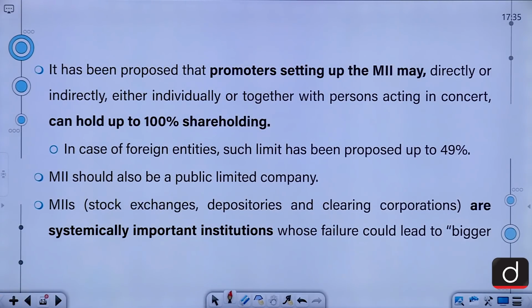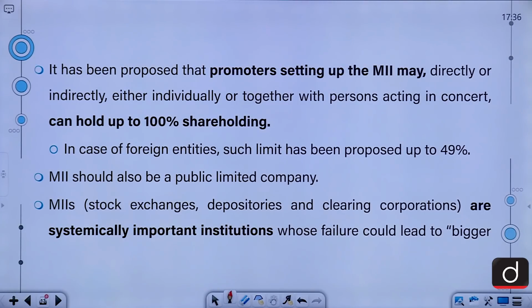It has been proposed that promoters setting up the MII may directly or indirectly, either individually or together with persons acting in concert, hold up to 100% shareholding. In case of foreign entities, such limit has been proposed up to 49%. MII should also be a public limited company.